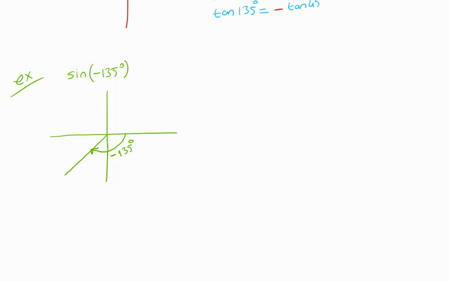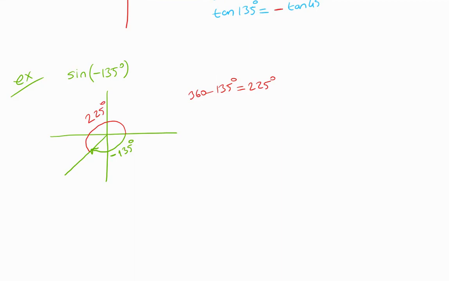Okay, let me choose different colors. What is my reference angle? First, we should understand how much is the rest of this part. So total is 360 minus 135. I will get 225. So this red part is 225.